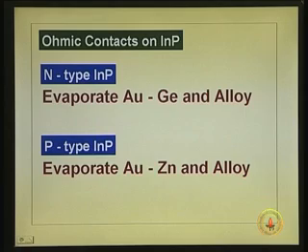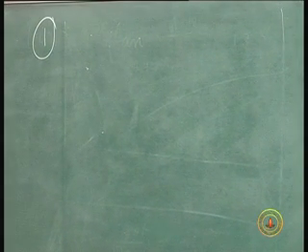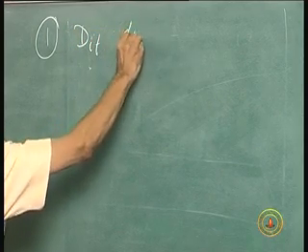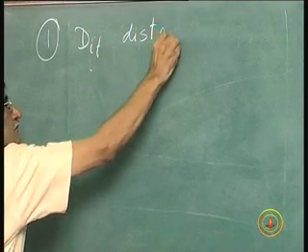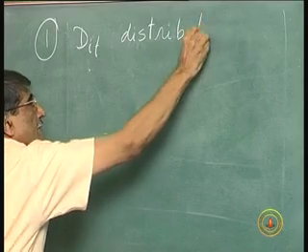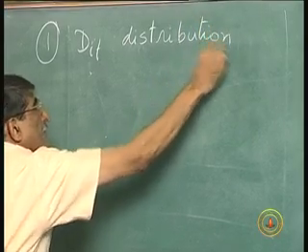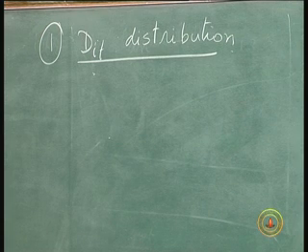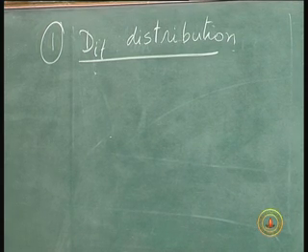Number 1, what we said is the DIT distribution. I promised in the last lecture that we will discuss this sometime. So, I got some time here to discuss this.